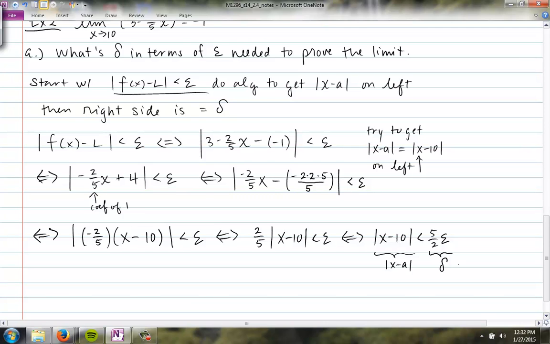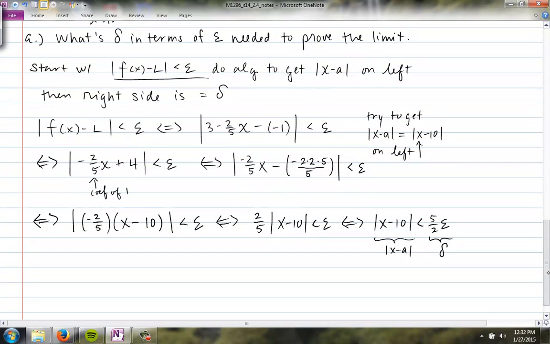And by using that other equation in terms of the y stuff, we're able to figure out exactly what the delta should be in terms of epsilon, so that we always have the absolute value of x minus 10 less than that value that corresponds with that epsilon. So our answer is delta is equal to 5 epsilon over 2.